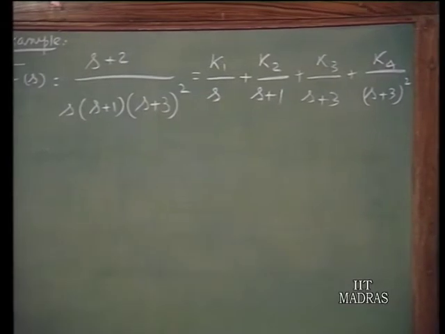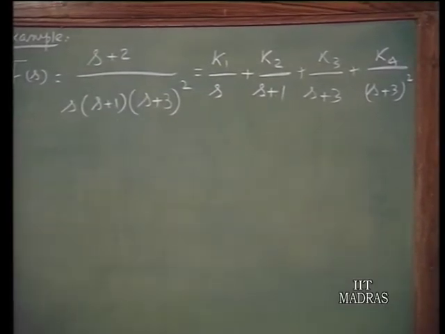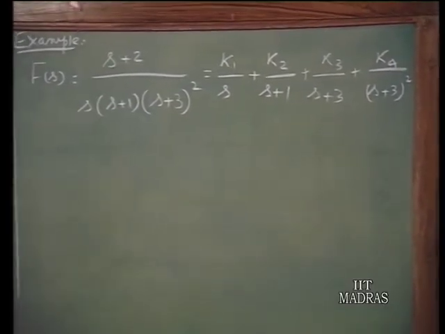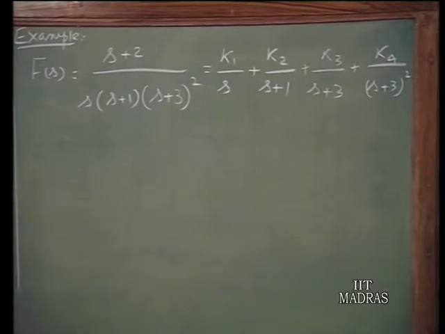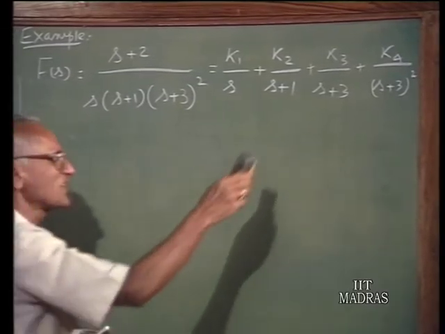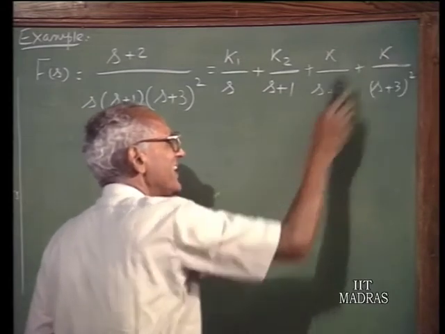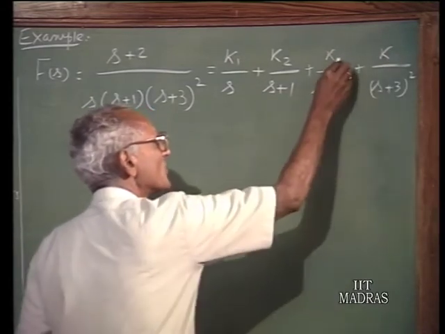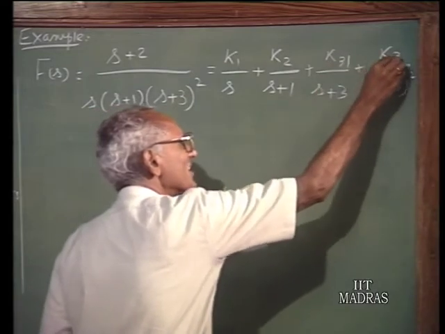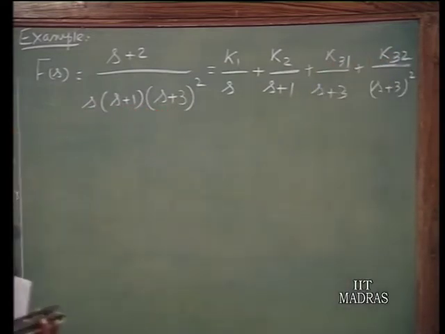So it would be convenient for us to express this in this manner. To streamline this work and extend it to the general case, we will put it this way. This pole at minus 3 has 2 repeated roots, therefore we have k31 and k32. I will put it in this manner, k31 and k32.